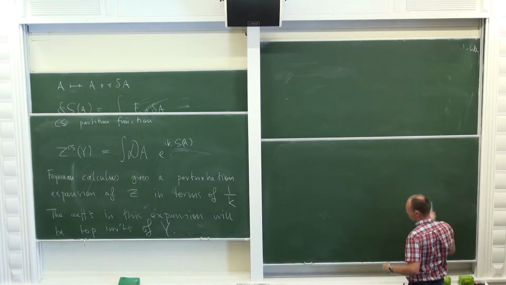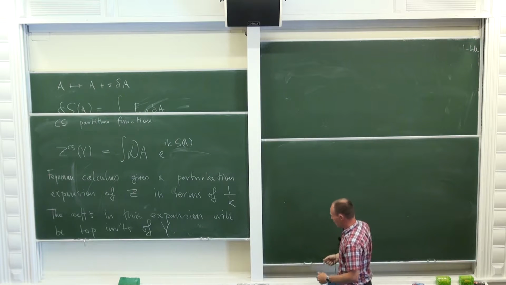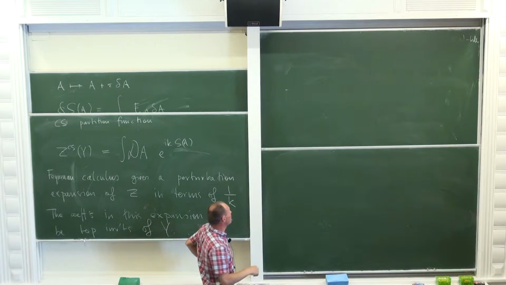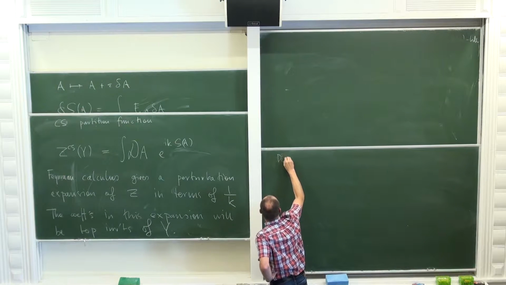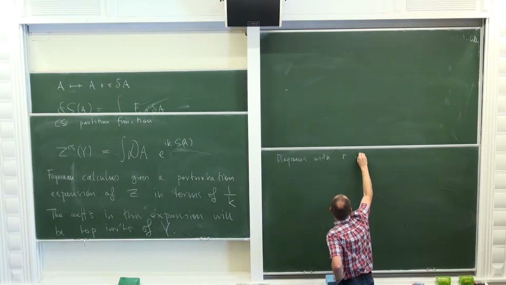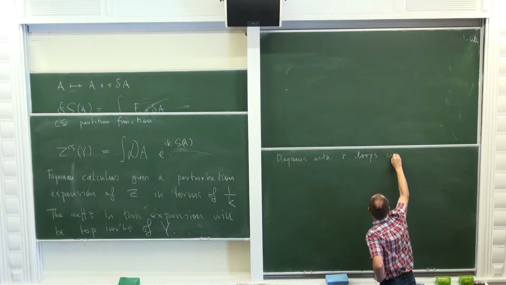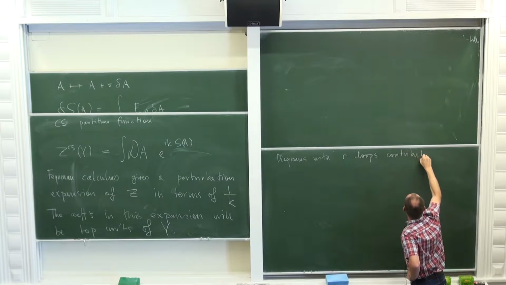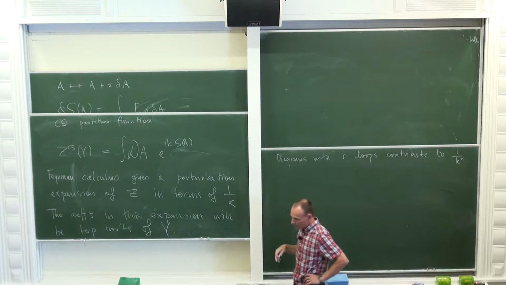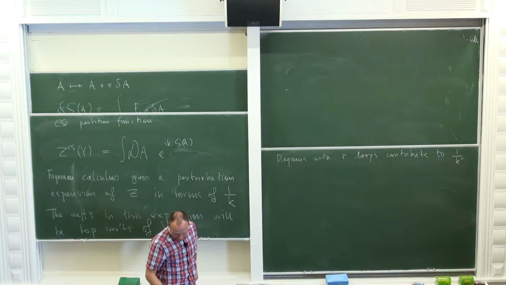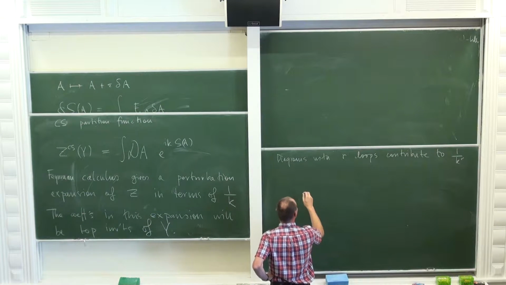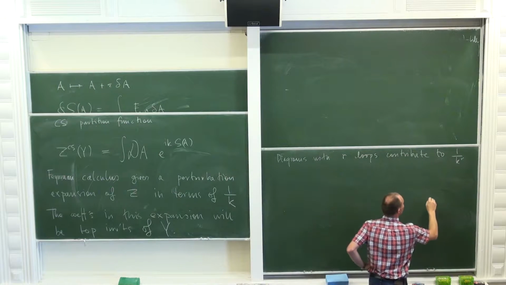You may remember this from some physics class: the diagrams with r loops contribute to 1 over k to the power of r. So that's where the coefficients come from. So 1 over k, maybe I put a coefficient.